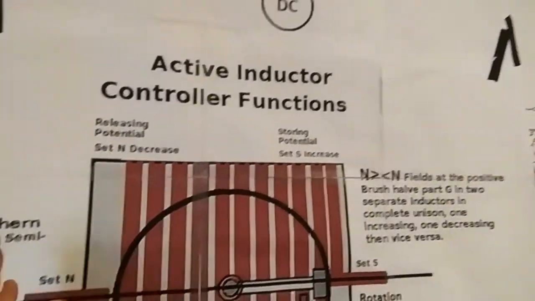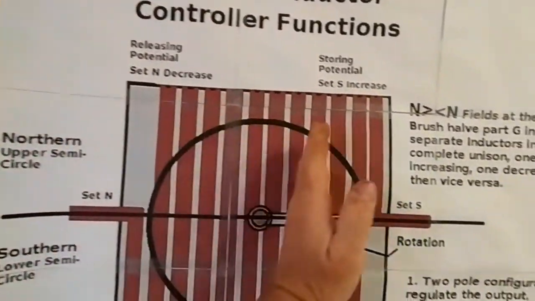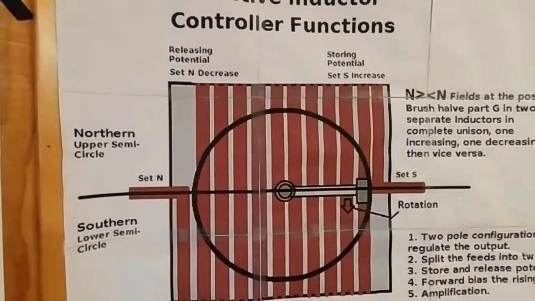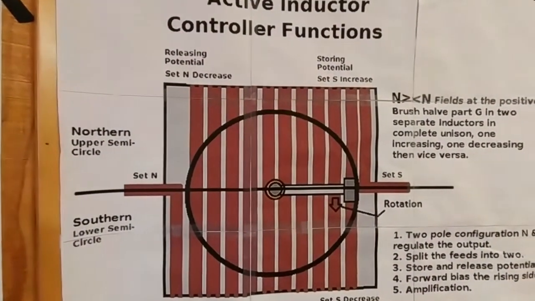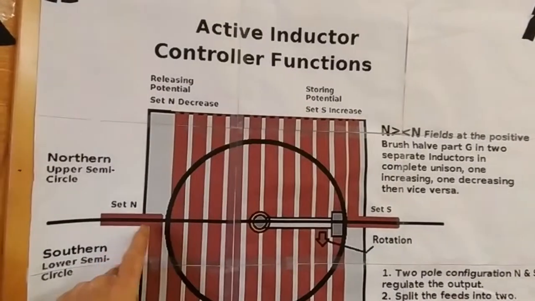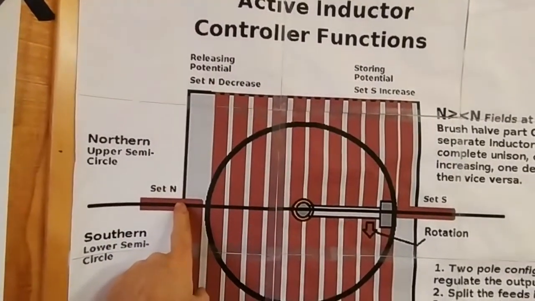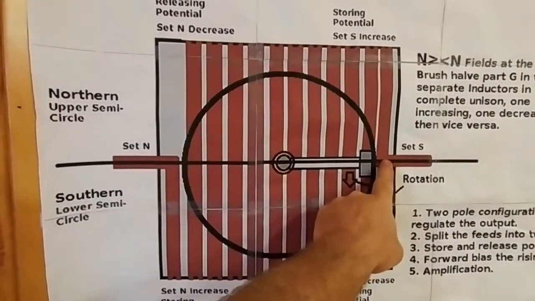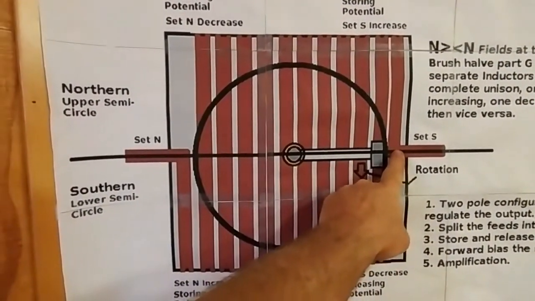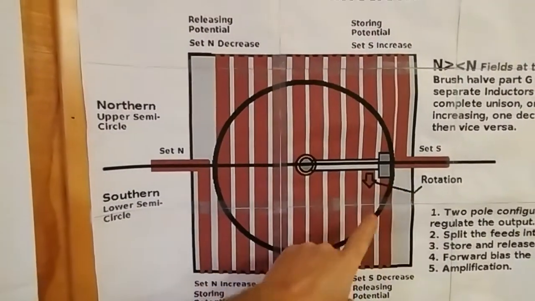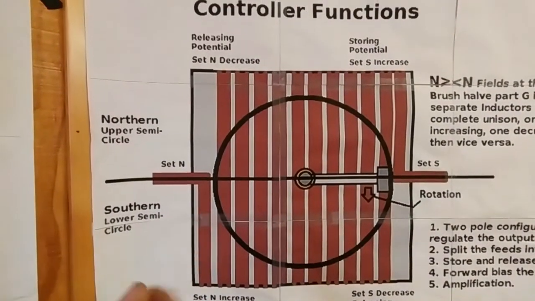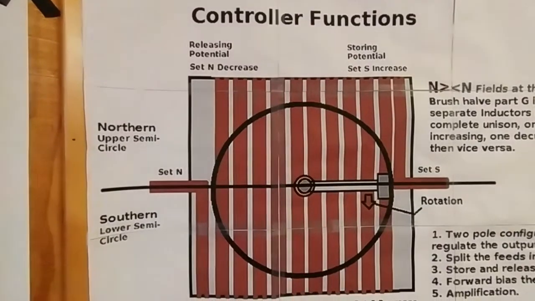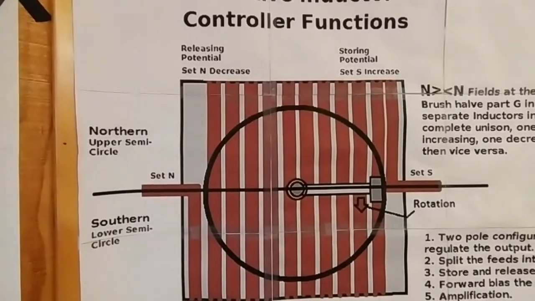So what you're doing between this action is you're sweeping the current back and forth between the two primaries. What you will have, since current is flowing in to set N and set S, everybody knows that current flows from negative to positive, at least I hope you do. Ben Franklin had a 50-50 chance of getting it right, and guess what? He was wrong. Current flows from negative to positive.